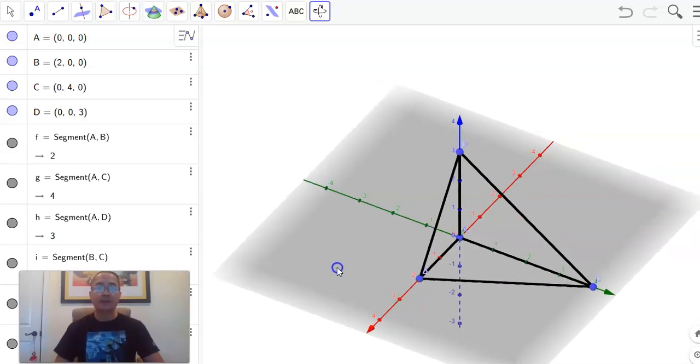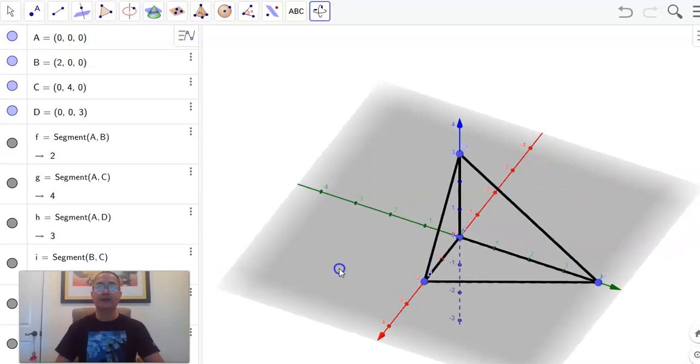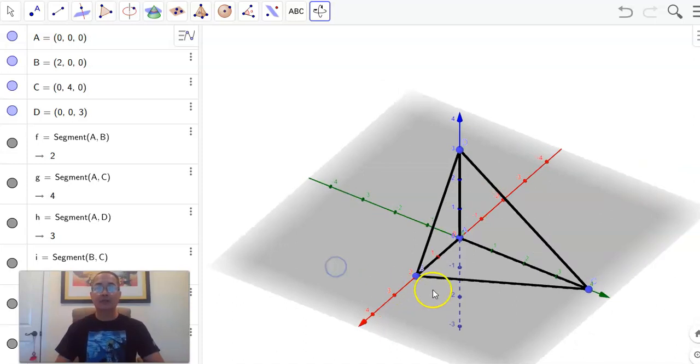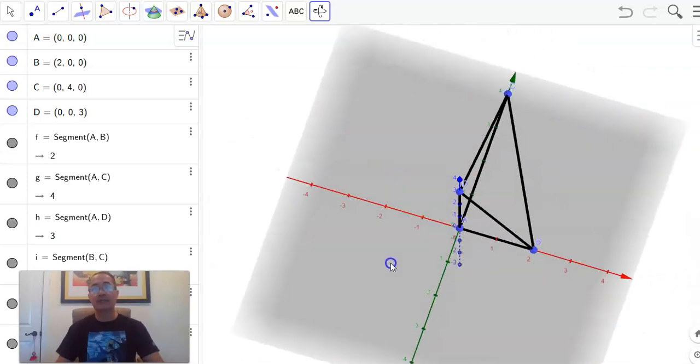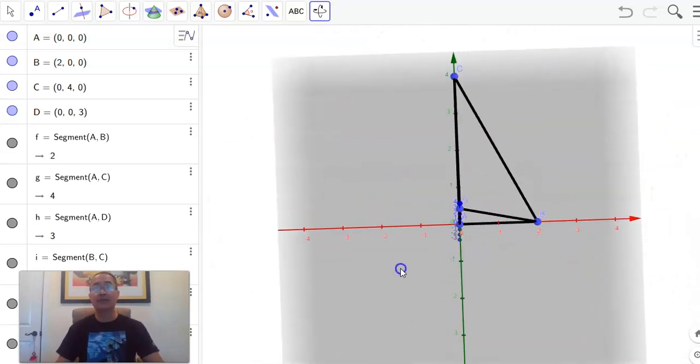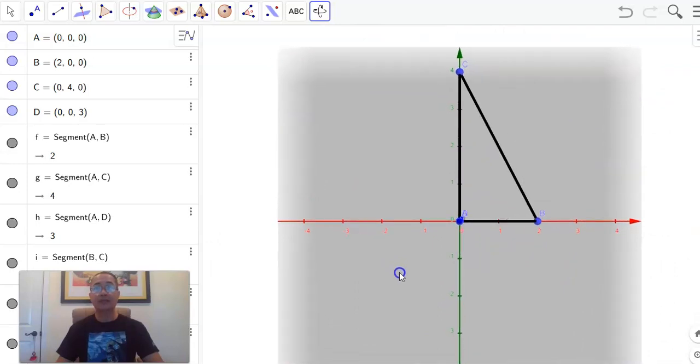Okay, so to find the volume of this tetrahedron, we need to interpret the volume as a double integral. So what does that mean? Well, we need a domain. To get the domain, we'll need the top view. All right, so there is our x-axis in red and our y-axis in green. So we just got a right triangle, obviously, right?